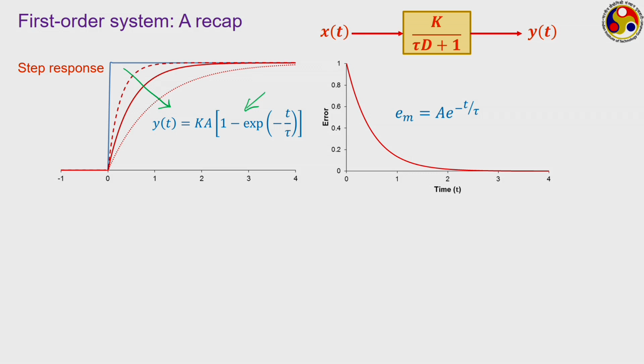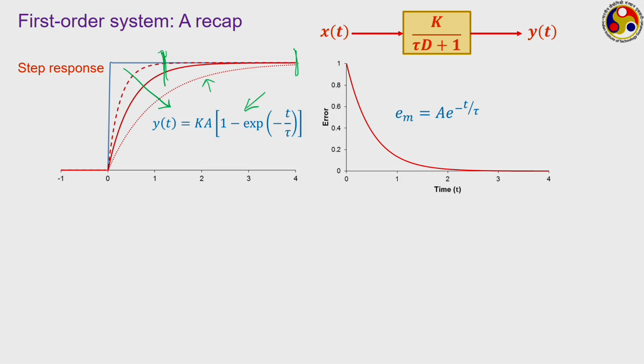When tau is small, if we look at the dotted line in the previous graph, somewhere here the system output is very close to the input, whereas when tau becomes higher, like in this case, the three values of tau that we have selected are 0.25, 0.5 and 1. The first line corresponds to tau equal to 0.25, but the one corresponding to tau equal to 1, even after t equal to 4 seconds, is unable to reach the input signal.